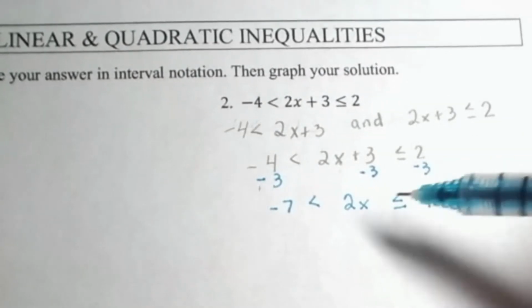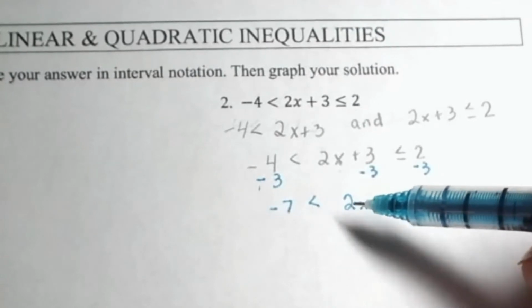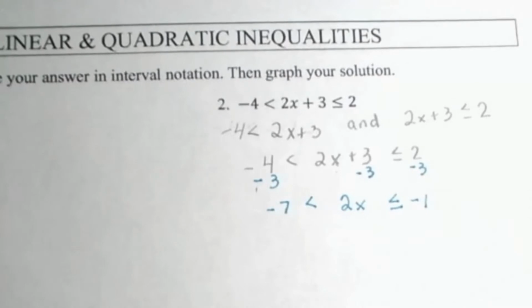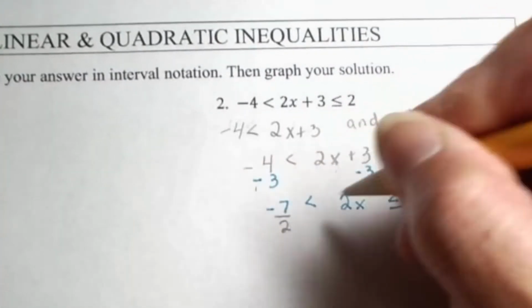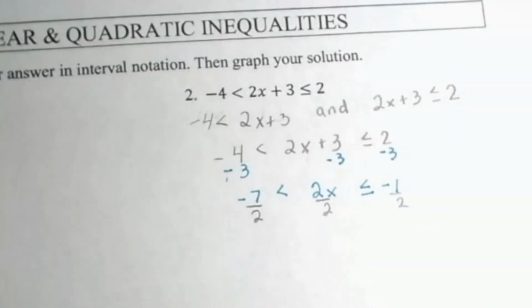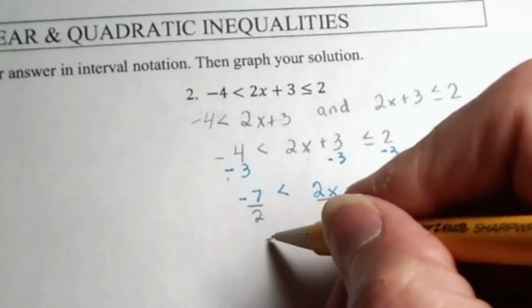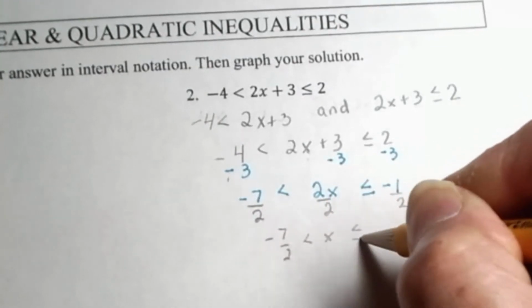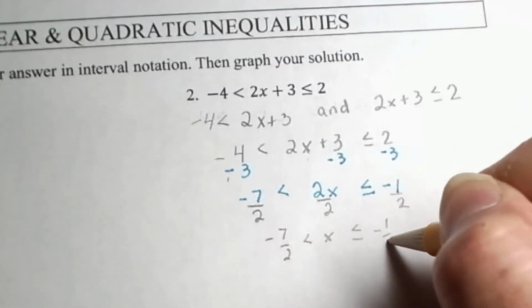And again, our goal is to get x by itself, so our next step would be to divide by 2, and we're going to divide everything by 2. And as you know, with an inequality, when you divide by a positive number, it will not affect that symbol. So this looks good. So we have -7/2 is less than x, which is less than or equal to -1/2.